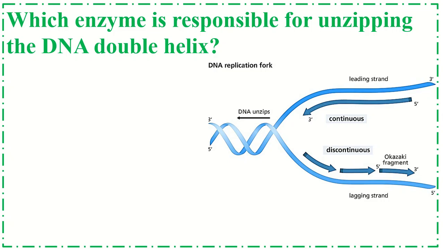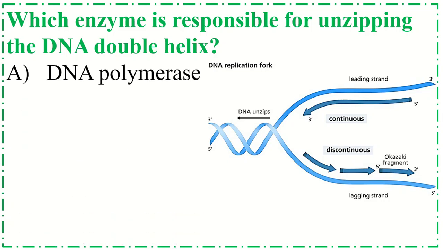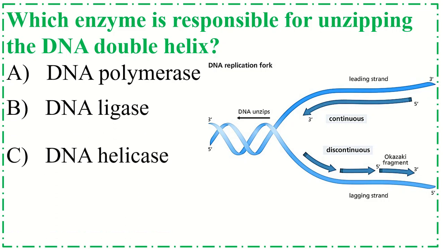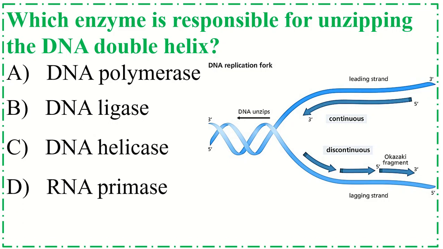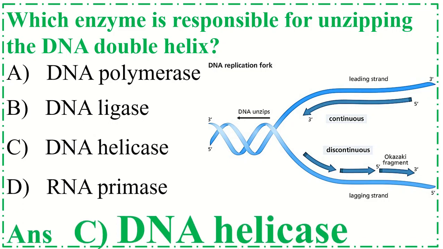Which enzyme is responsible for unzipping the DNA double helix? Option A, DNA polymerase, B, DNA ligase, C, DNA helicase, D, RNA primase. Correct option is C, DNA helicase.